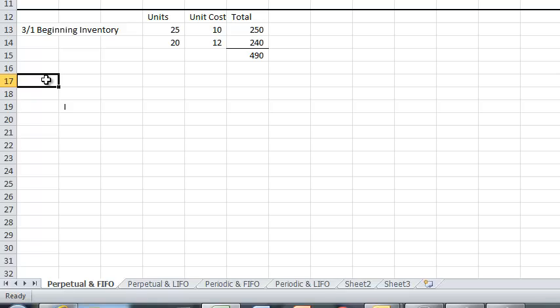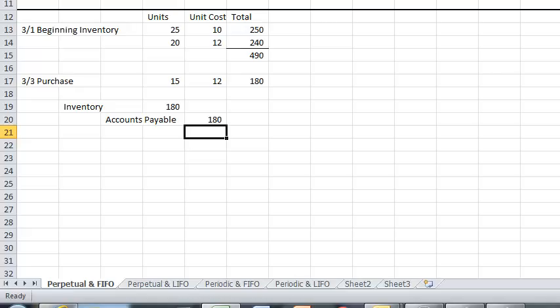Now let's assume that we have our first transaction on March 3rd. And that transaction is a purchase. We're going to purchase 15 units at $12 each. So we can calculate the cost of the purchase. 15 times 12 gives us a cost of $180 for the purchase, and all we're going to do is debit inventory for $180 and credit accounts payable for the same $180.